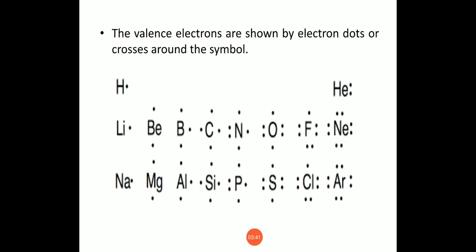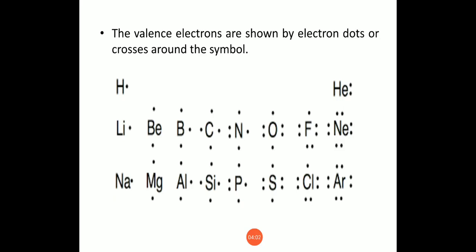Clear? So take some examples. Hydrogen has only one valence electron, so along with the symbol you have one dot. Helium has two valence electrons, so along with He, you have two electrons.